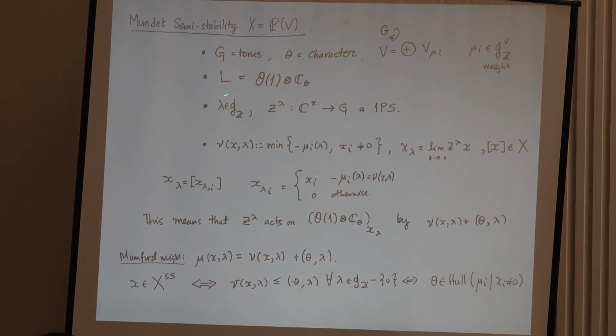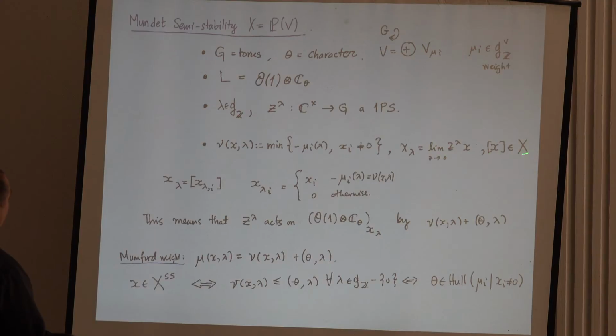And so for any element in the Lie algebra, with the integral Lie algebra in the lattice, you can define a one-parameter subgroup. So with this, you define the minimal numbers of the pairings that you have. So if you break this representation into weight representations, all of these are one-dimensional, and so you take the minimum of all the negative weights evaluated at lambda, this one-parameter subgroup, and this is the minimum of all the points where this is not zero.